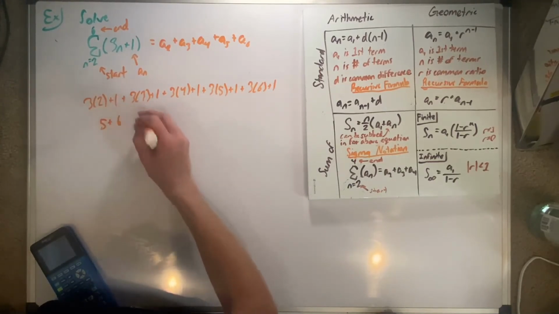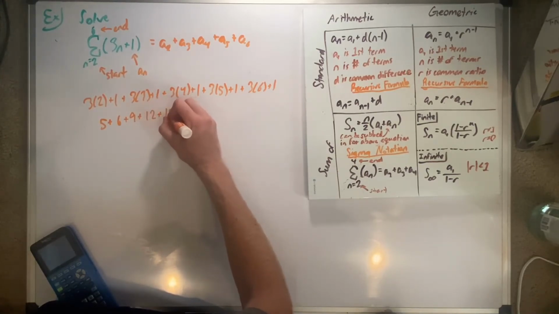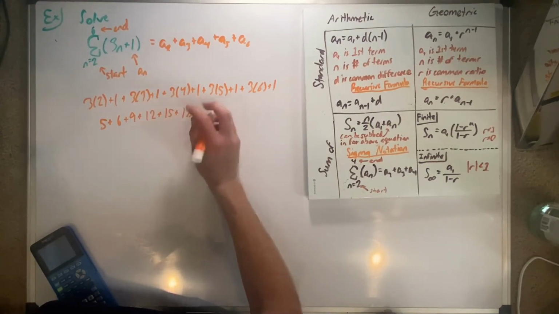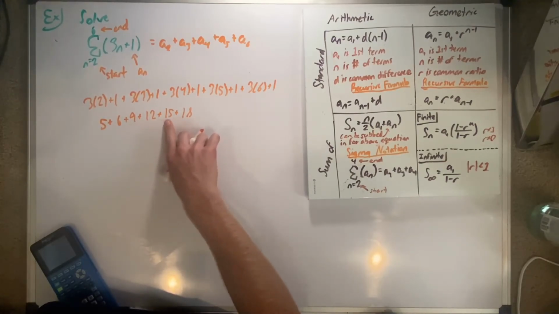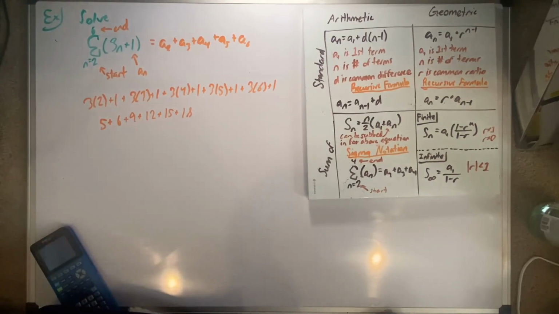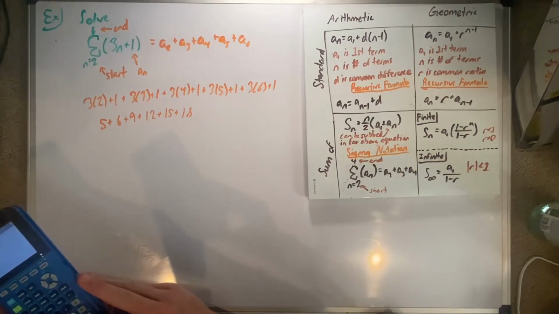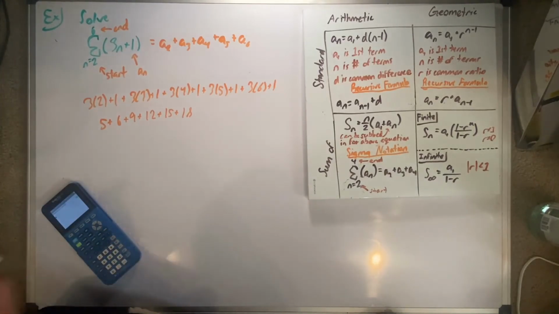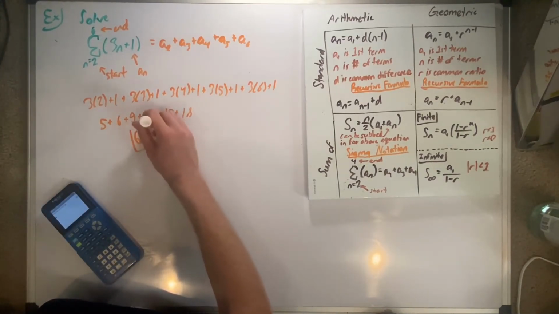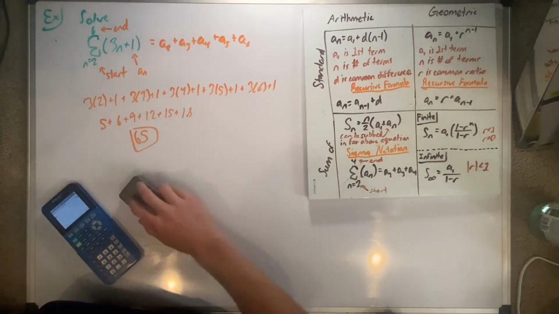So 5 plus 6 plus 9 plus 12 plus 15 plus 18. So then 15 plus 27. You know what? I don't even care. I don't even want to do this in my head. 5 plus 6 plus 9 plus 12 plus 15 plus 18 is 65. So that's all equal to 65. And that's how you read sigma notation. Okay?